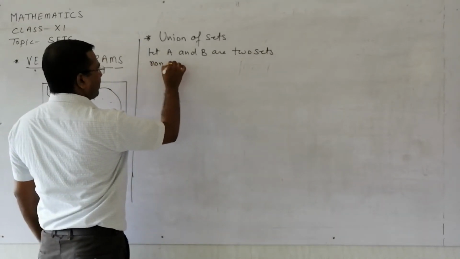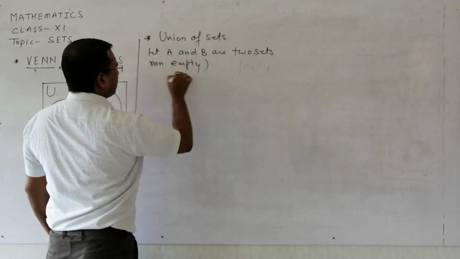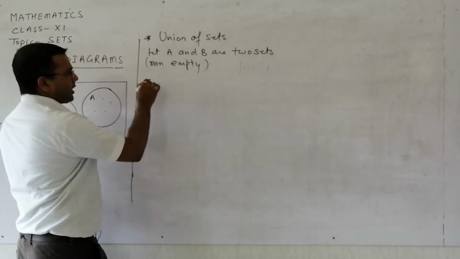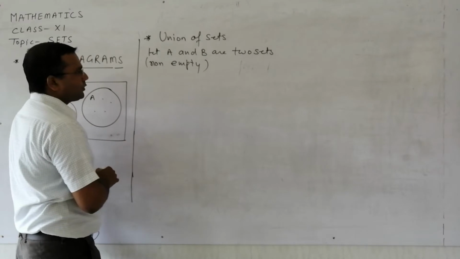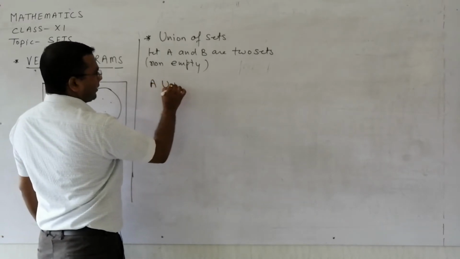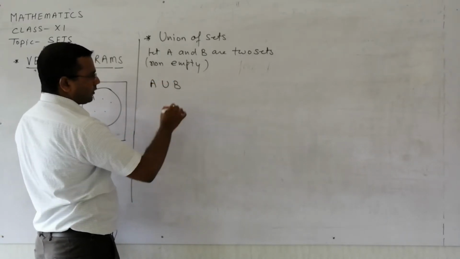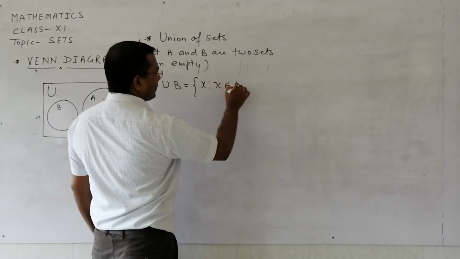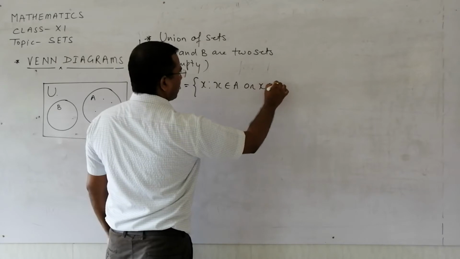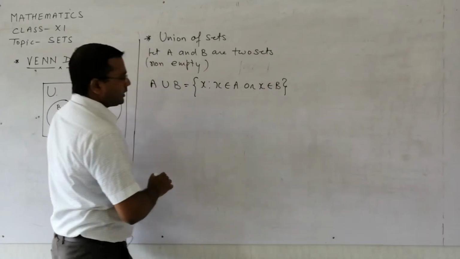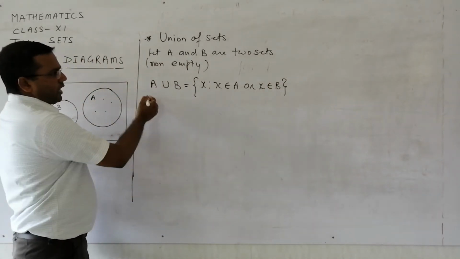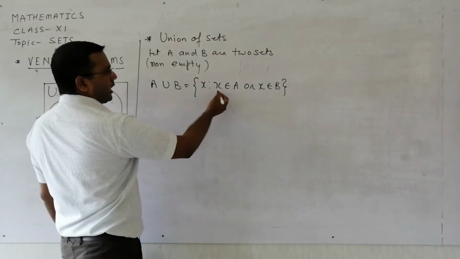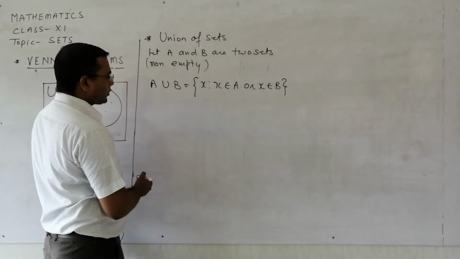So what is the meaning of the union of two sets? It is represented by A union B, and it is X such that X belongs to A or X belongs to B. Means the element of A union B either belongs to A or belongs to B.